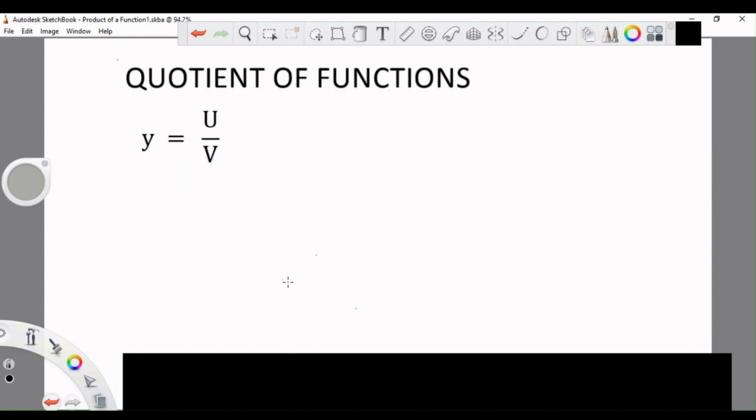It's used to differentiate division of two functions. For example, we have y equal to u over v, where u and v are functions of x.